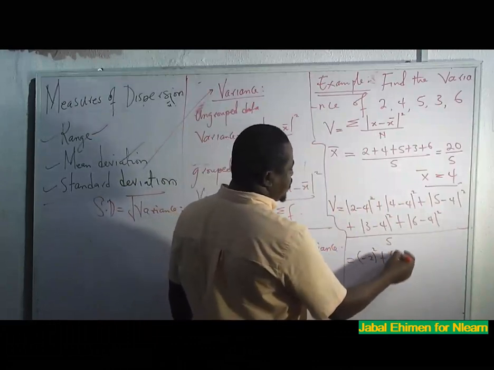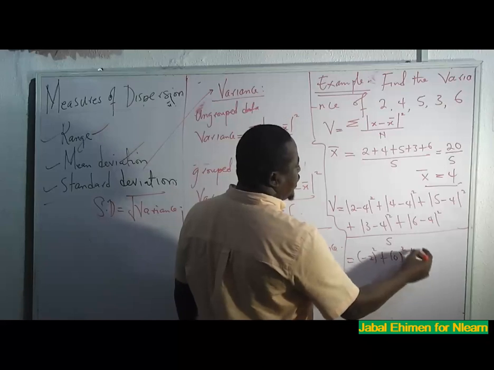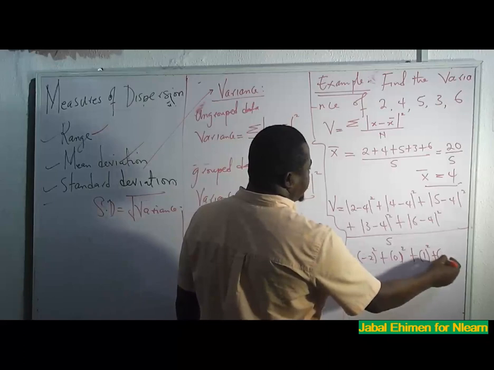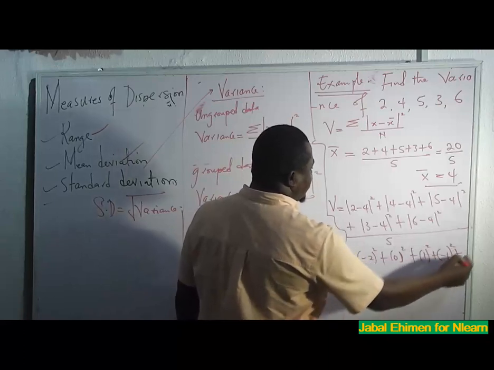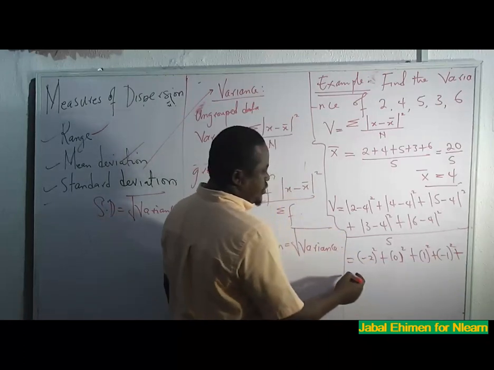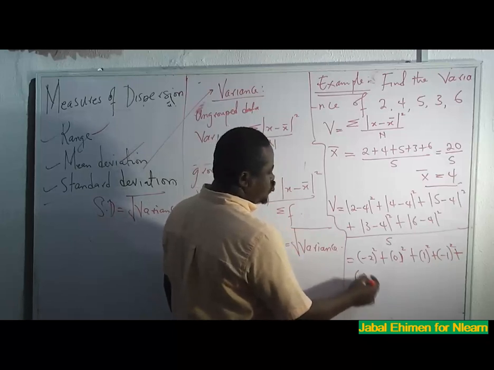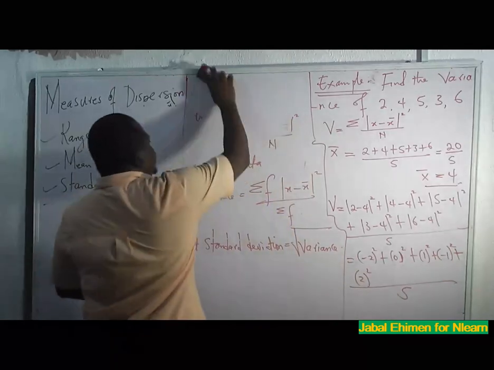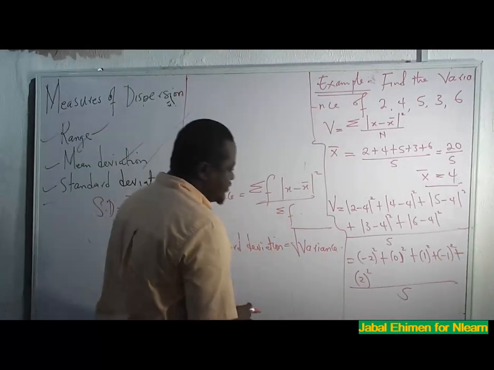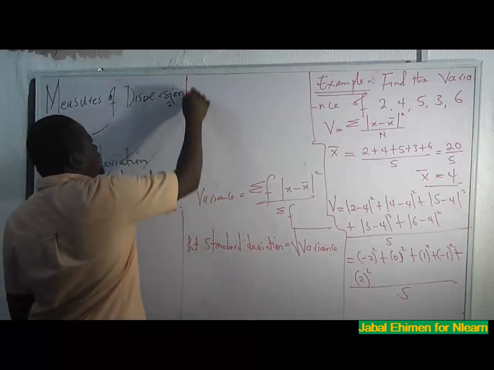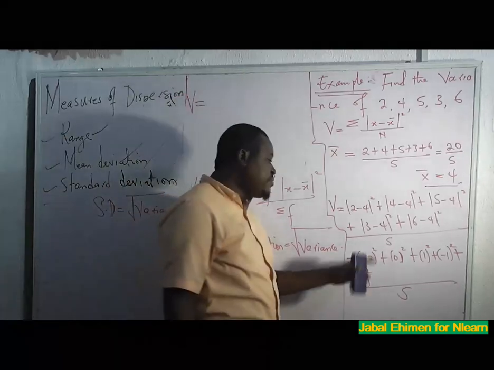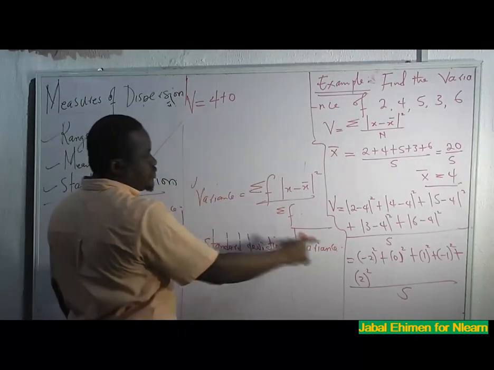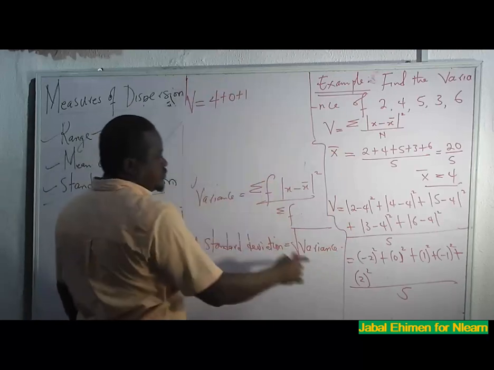Then 0 squared, 1 squared, minus 1 squared, and 2 squared, all divided by 5. Now if that's the case, we'll continue by saying variance becomes minus 2 squared, which will be 4, 0 squared will be 0, 1 squared will be 1.